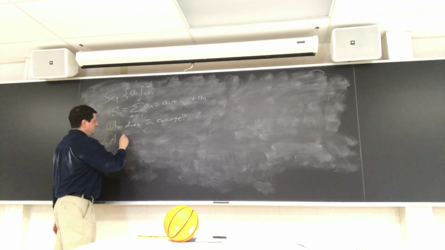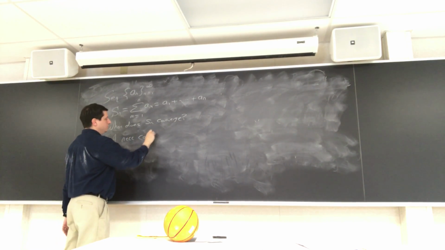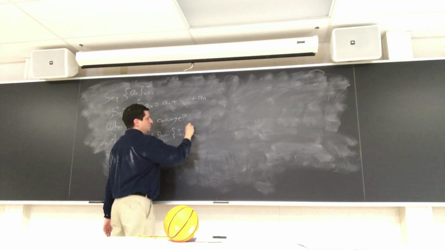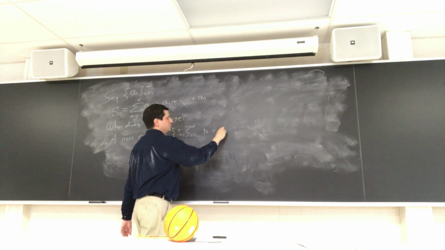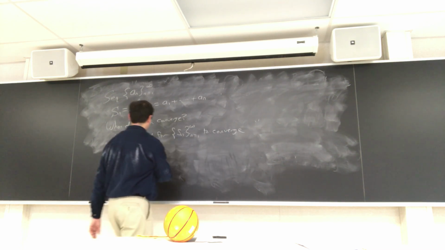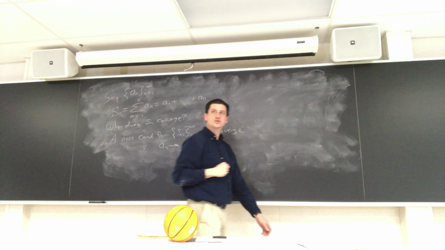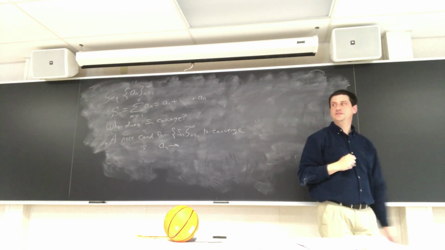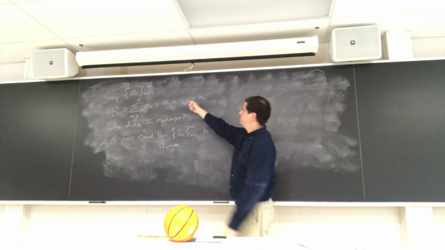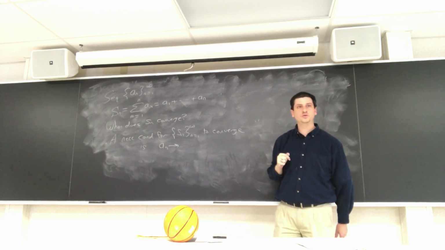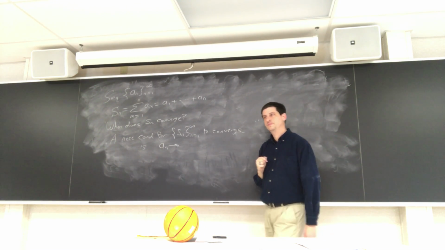So a necessary condition for the sequence S_n to converge is a_n must go to what? So what must a_n go to if you want the set of partial sums to converge? 0.